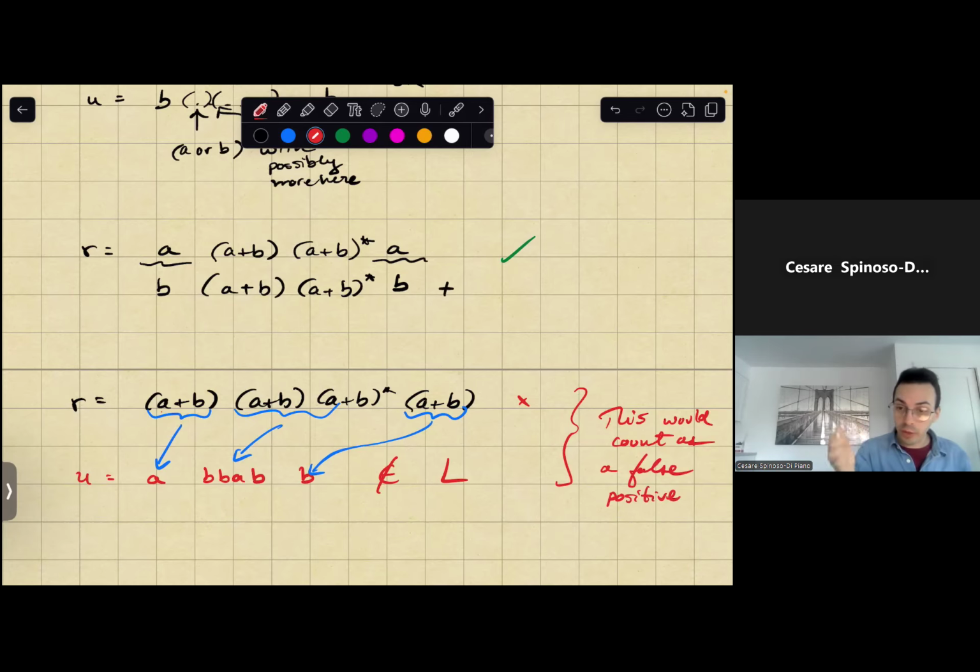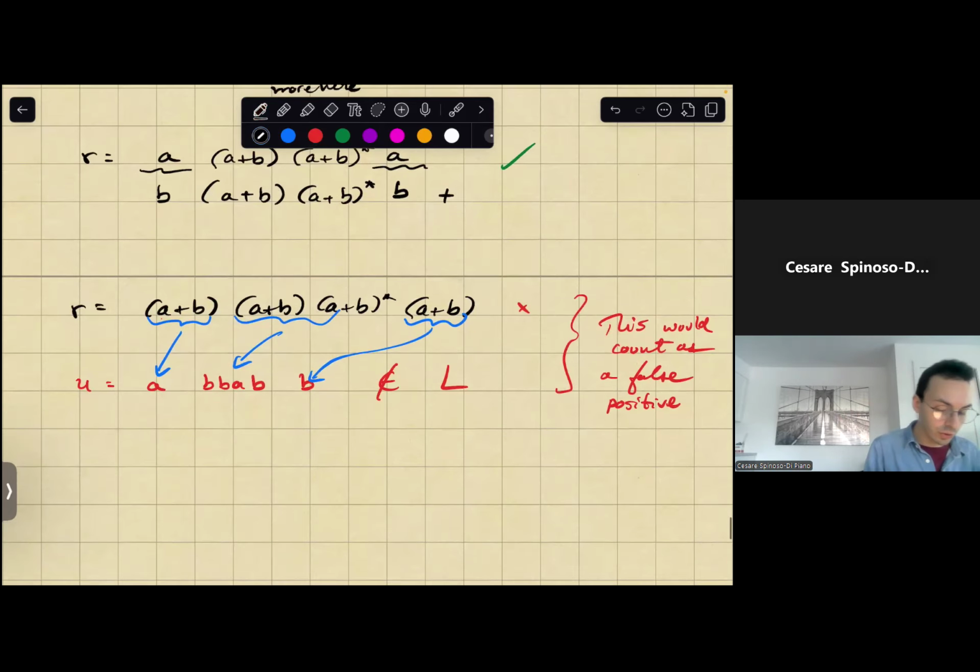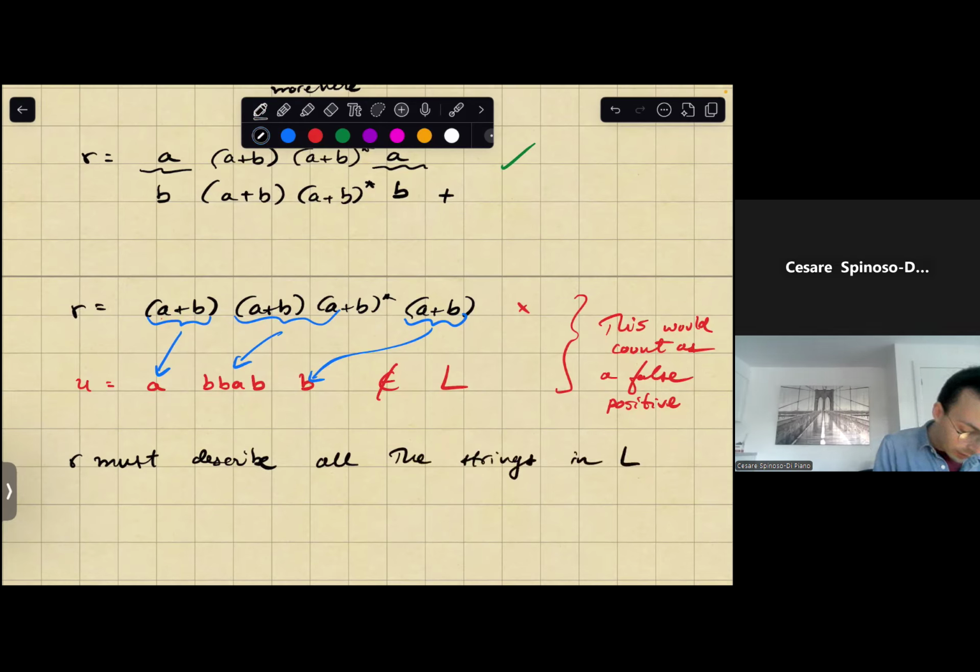And so for a regular expression to be perfectly correct, R must describe all the strings in L and only the strings in L. And so that's not happening.